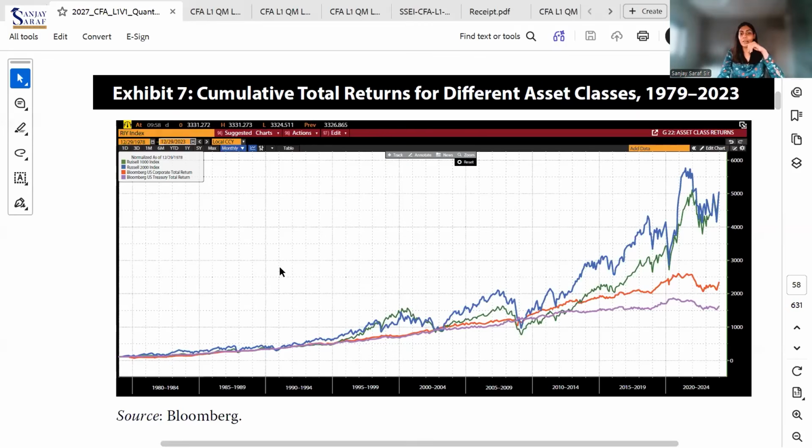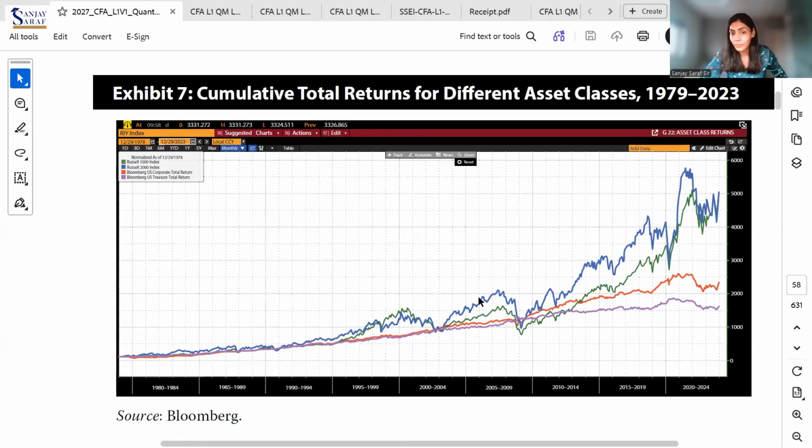I will quickly share my screen, show you the graph they have given, and from there we can move on. This is the graph that the core readings has. इसमें जैसे आप देख पा रहे हो, there are 4 colored lines. ठीक है, ये ग्रीन वाला जो है ये रसल 1000 इंडेक्स है जो यूएस लार्ज कैप स्टॉक्स का इंडेक्स है.